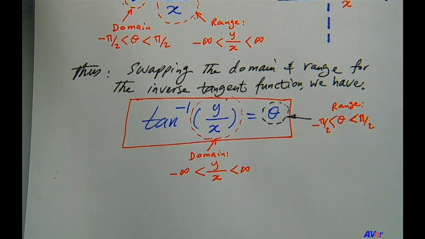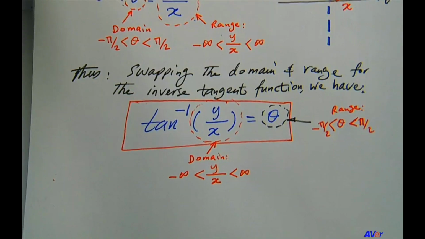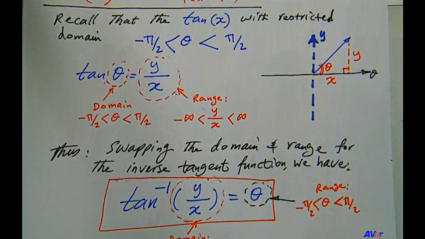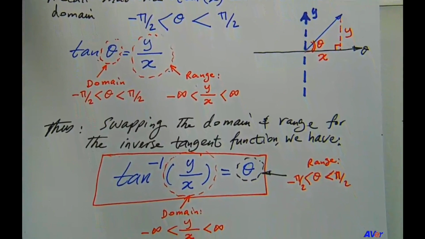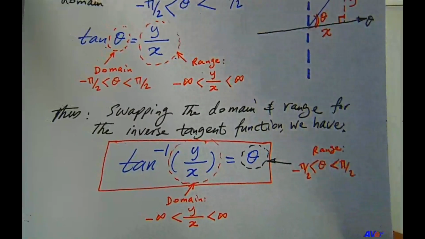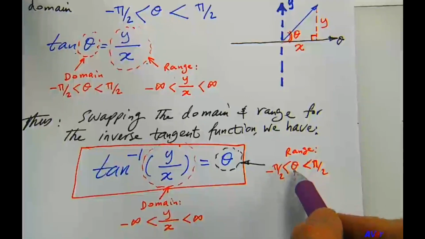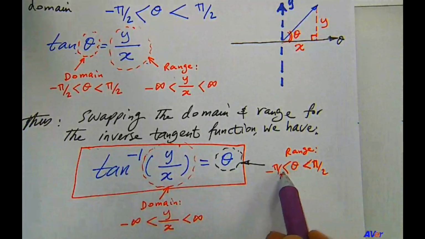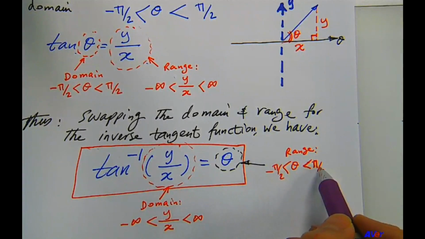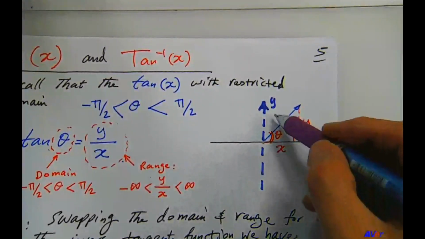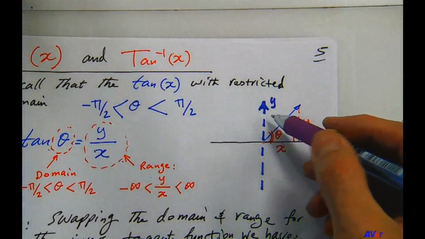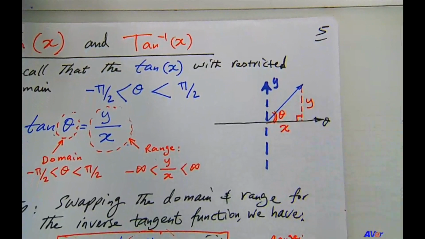Okay, so with that, now this graph would make sense. If you look at this range for the inverse tangent function, it goes from negative pi over 2 to pi over 2. And that's why these lines would have to be dashed if we draw it here.